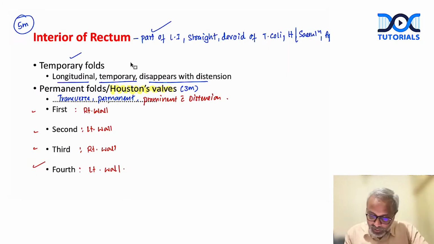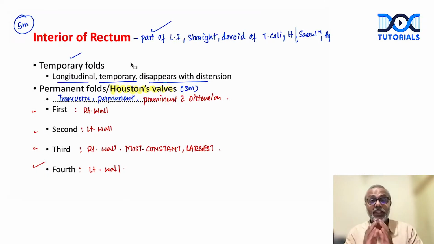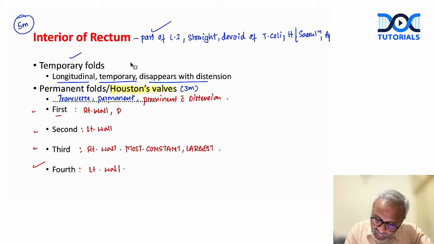Of which the third one is the most constant, right? So this is the most constant, and this is also the largest valve. Whereas the first one arises from the right wall, and this is present at the rectosigmoid junction.